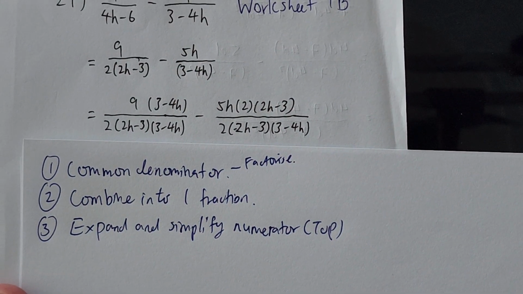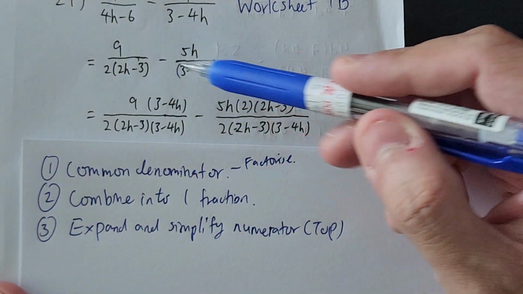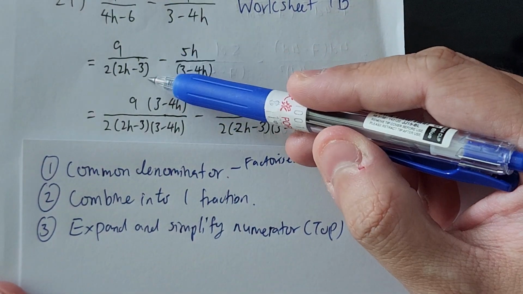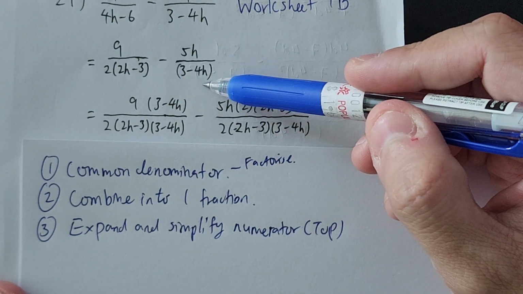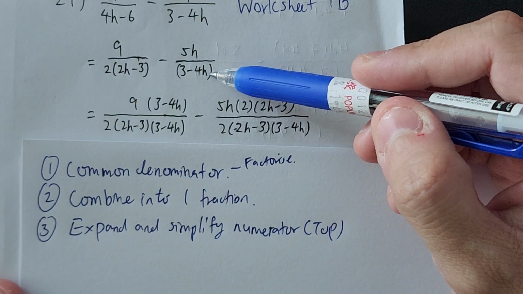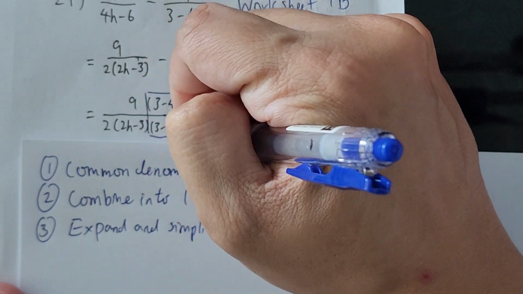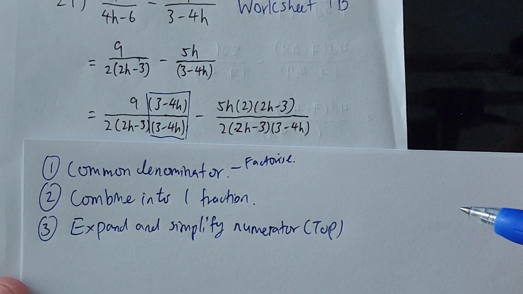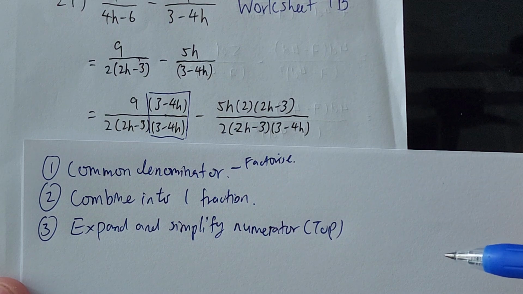Over here, you can see I common denominator. So the first fraction I multiply by 3 minus 4h, the other denominator. Take note, I put a bracket already. The one that I draw the box is the same factor that I multiply to the numerator and the denominator.